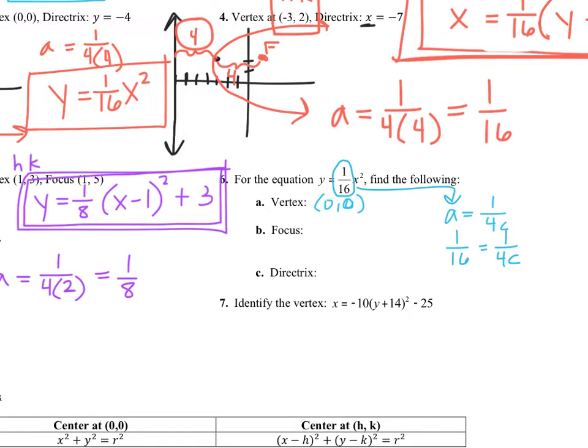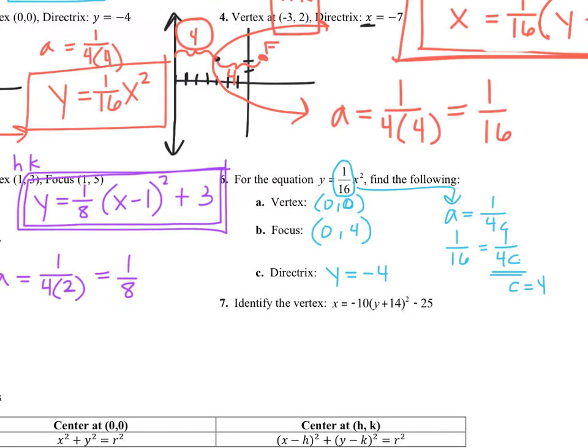Or maybe you can just see 1 over 16 has to equal 1 over 16. 4 times what is 16? Our c then would be 4. Okay, so if our c is 4, our focus is always 0, c. So our focus has to be at 0, 4. And then the directrix is y equals the opposite of c. So it would be y equals negative 4 for our directrix.